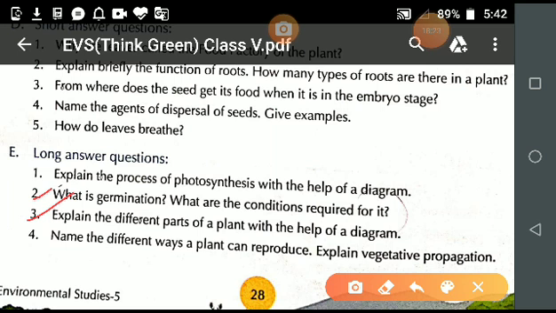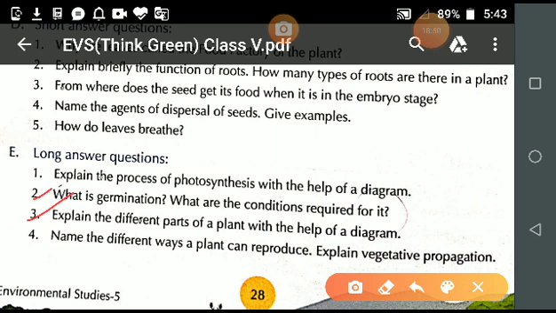So, one by one, let us discuss the different parts of the plant. Let's start with the root. Students, when I explained the function of roots, I explained the role of the root in the plant.